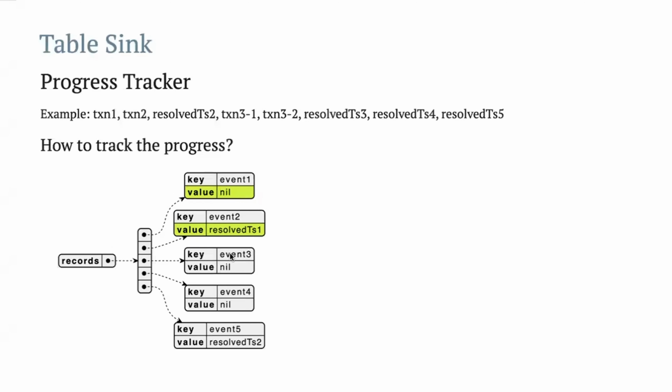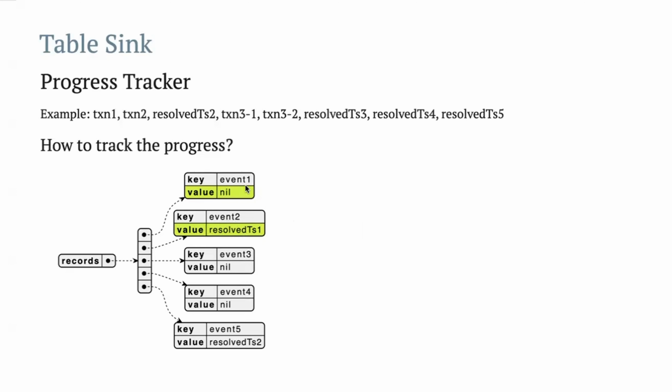So the first one is event 3, because we already removed this one. Then you can update the progress to resolved TS1, because before this specific timestamp we don't have any other data, so we can safely update our current progress to this specific point.